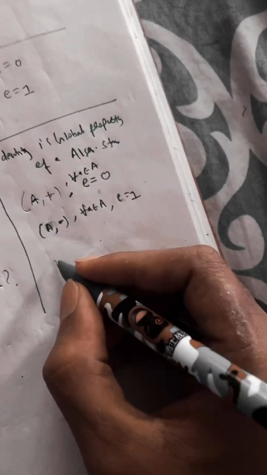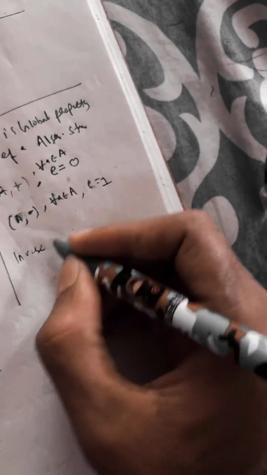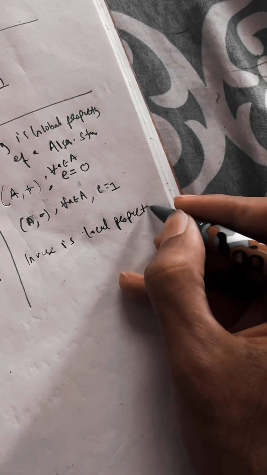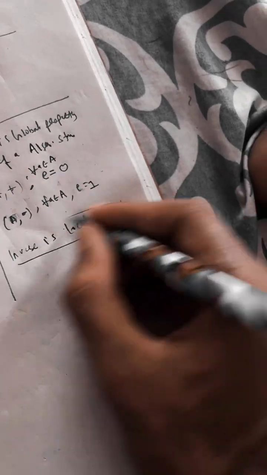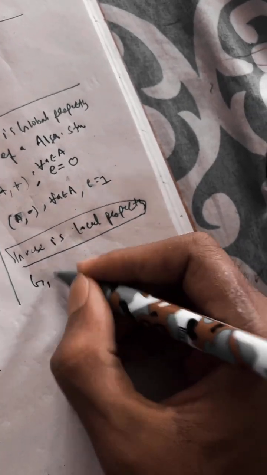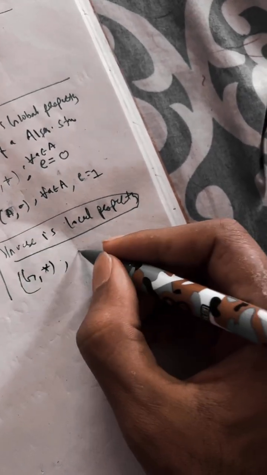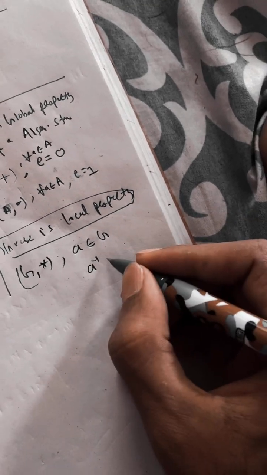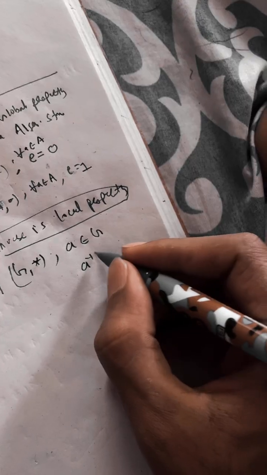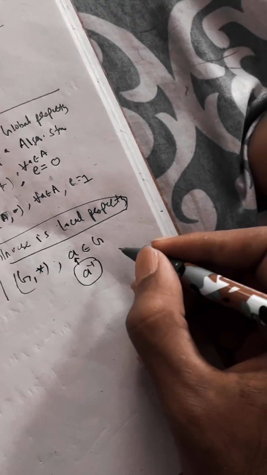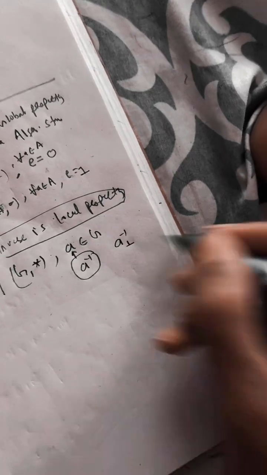But inverse is a local property. What does local mean? It means if we have an algebraic structure, let's say (G, star), and we choose an element a that comes from this G, then the inverse for this a will be, let's say, a inverse 1.